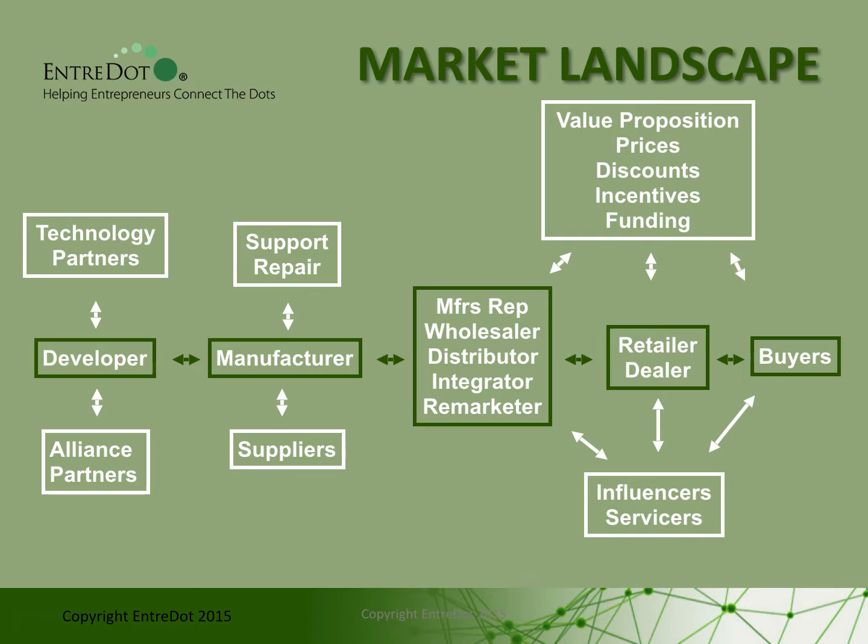Retail outlets, if you're into that kind of game. You've got to be describing who these players are that are relevant to your market, not just everybody else. It's your market. You've got to figure out who influences the buyer and the decisions they make about buying products. You're going to have to figure out what the value proposition should be and what the prices should be, and how you incentivize the various players within this market.